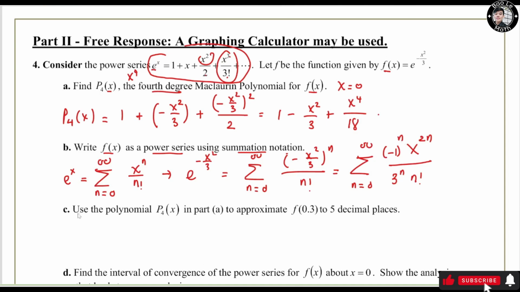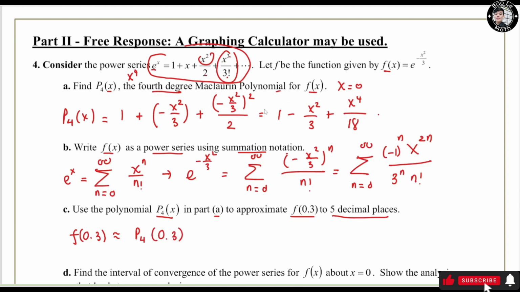Now, question C. Use the polynomial p sub 4 of s in part A to approximate f of 0.3 to 5 decimal places, right? So we have f of 0.3 approximately p sub 4 of 0.3, right?